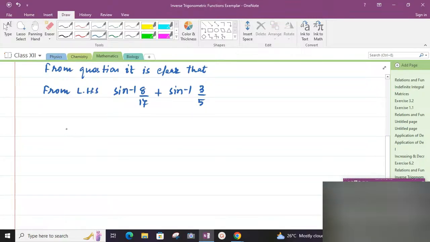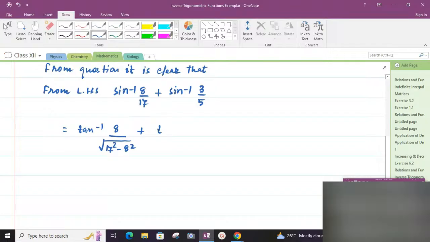So here it will be equal to tan inverse. We have p equal to 8 and h equal to 17. Therefore we write 8, and for b we write the square root of 17 square minus 8 square. Hope there is no problem up to this step. Plus we also convert sin inverse 3 by 5 into tan inverse.